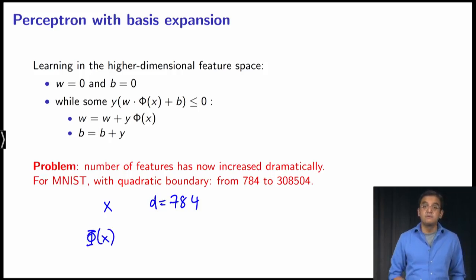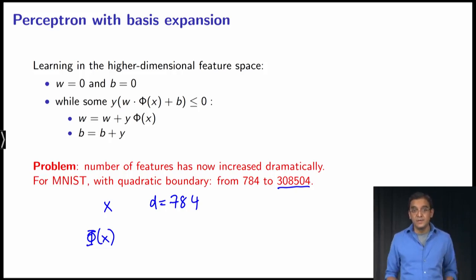Well, we actually saw a formula for this last time, but roughly the dimension is about d squared. And in this case, it works out to 308,504 dimensions. This is the space it takes to write down a single data point. Okay? Now this is way more time and way more memory than we want to spend on individual data points, and it's enough to render this method impractical.